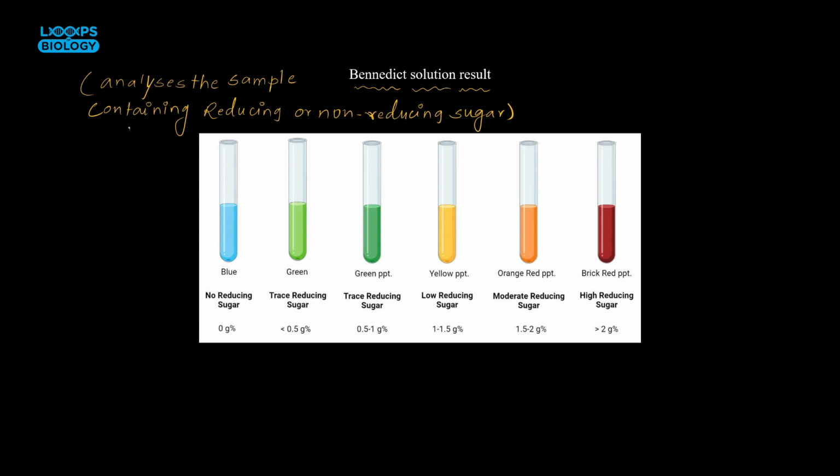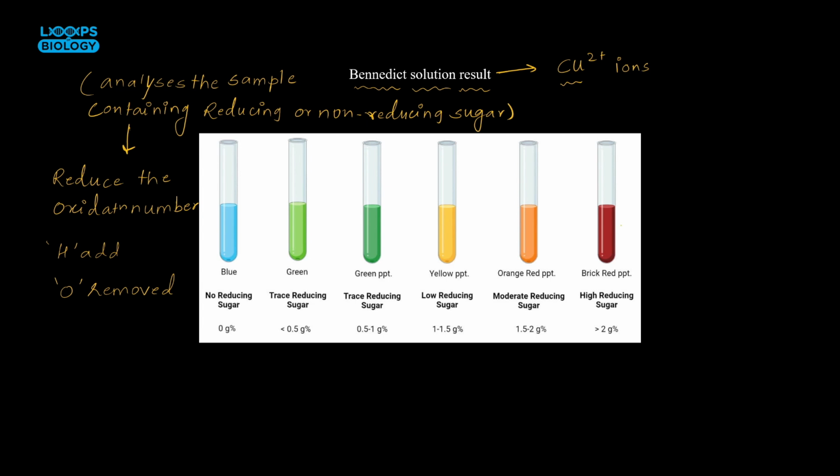And what do you mean by reduction? It is nothing but reducing the oxidation number, or adding H plus, or removing oxygen. So in this particular case, Benedict solution contains copper 2 plus ions.